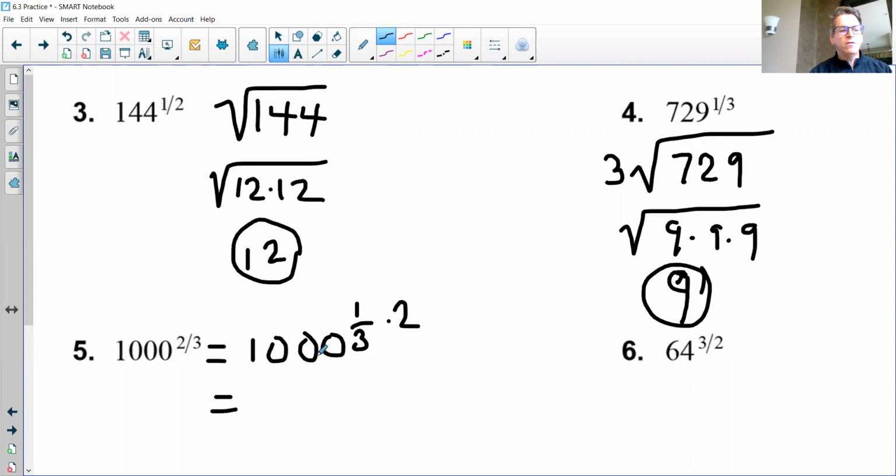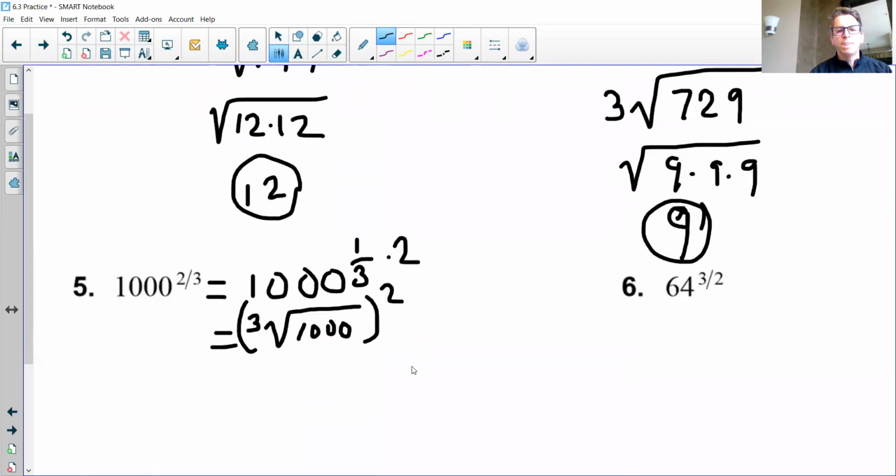So we're looking for the cube root of 1,000, which is 10. And then we're going to take that and raise it to the 2nd power. 10 times 10 times 10 is 1,000. And 10 squared is 100.